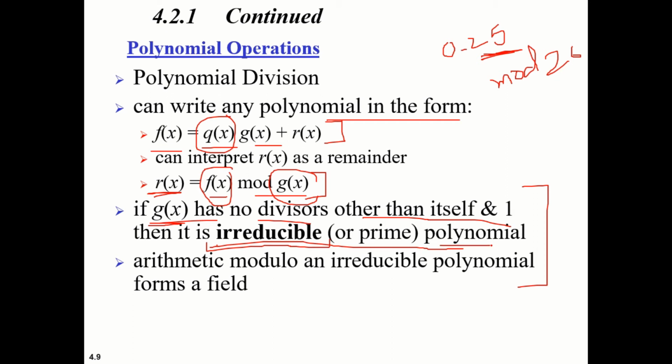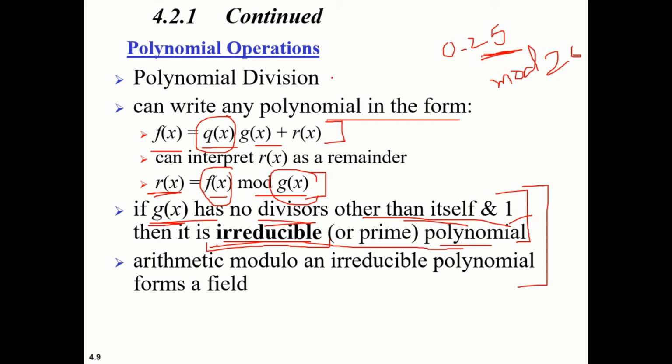The polynomials which do not have any divisor other than itself or 1, we can also call these kinds of polynomials prime polynomials. Okay, and we can also call them irreducible polynomials. So we'll be using these irreducible polynomials for finding out the mod.